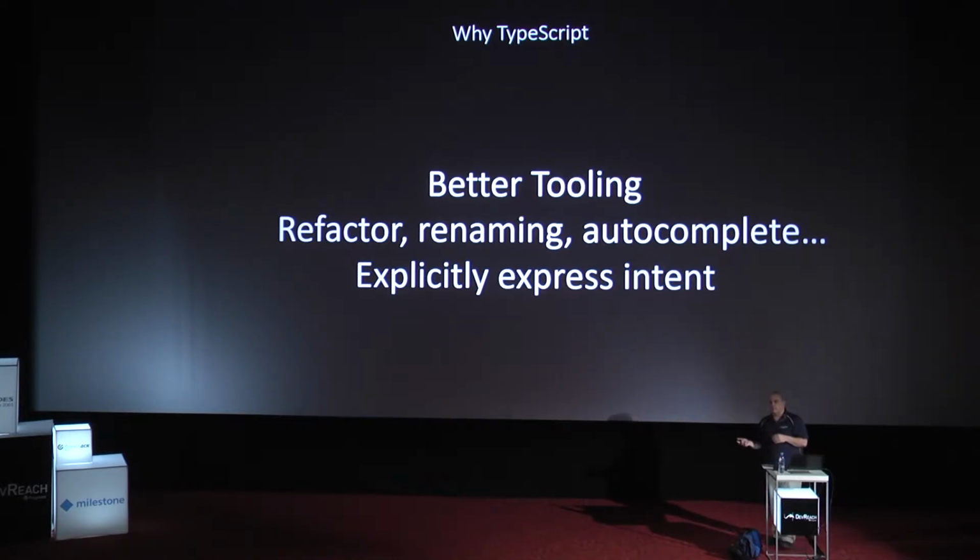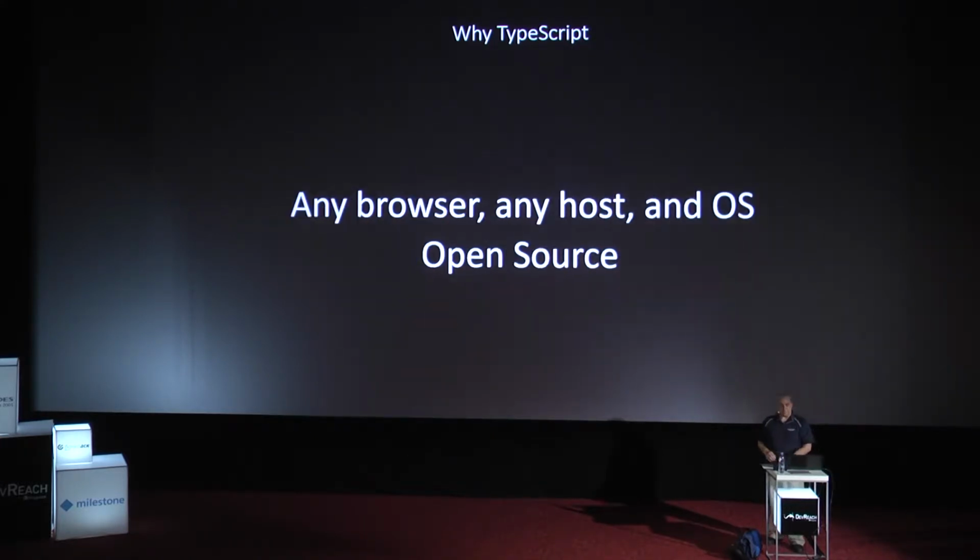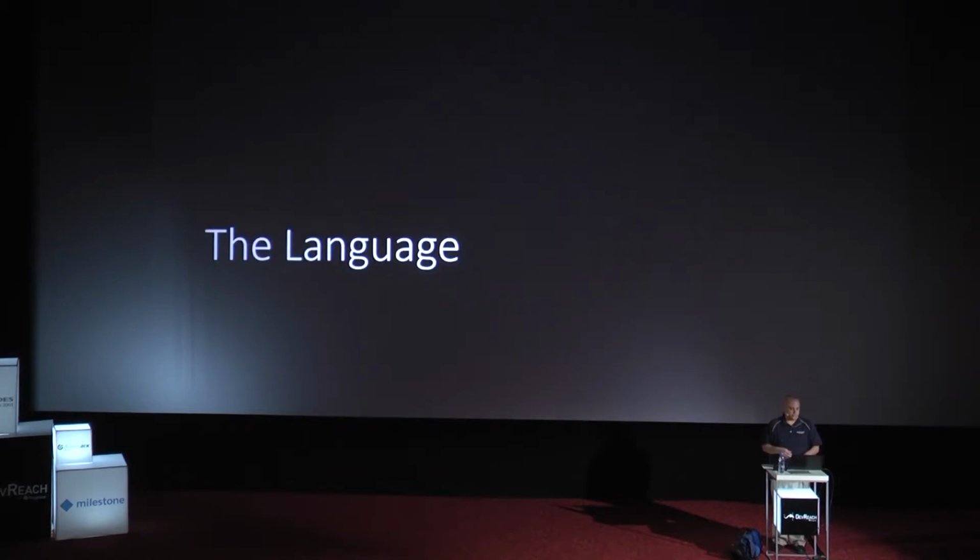I don't want it to be a string sometimes and other times a number, which we'll see. So why TypeScript? Besides all the other benefits I just gave you, it works anywhere in any browser. It just compiles down to native JavaScript that can be read by any of the modern browsers.